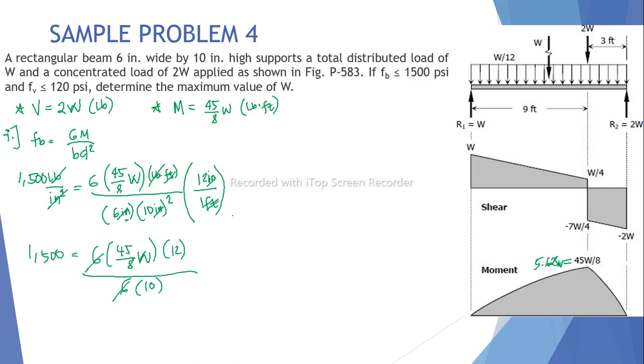Cancel 6. So W is equal to 2,222.22 pounds.